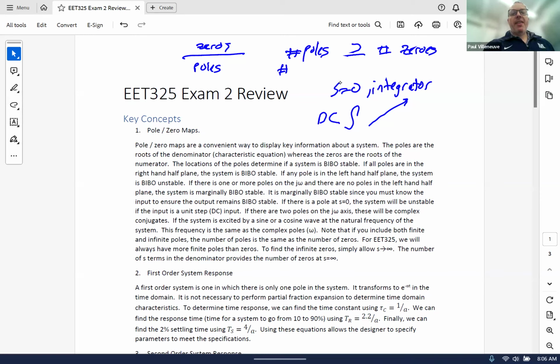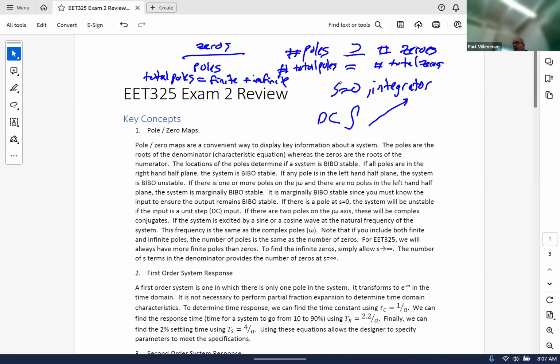Because if we append that a little bit, the number of total poles has to equal the number of total zeros. Why is that? Because the total poles equal the finite plus the infinite poles or zeros.